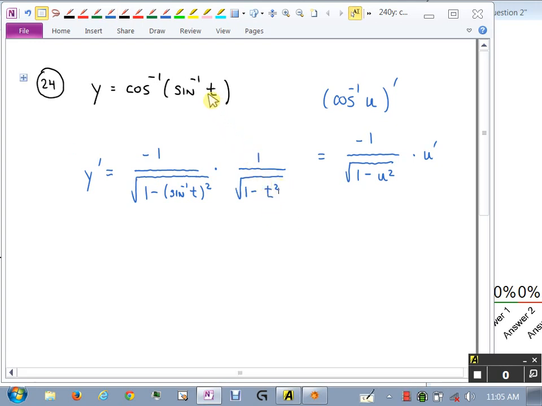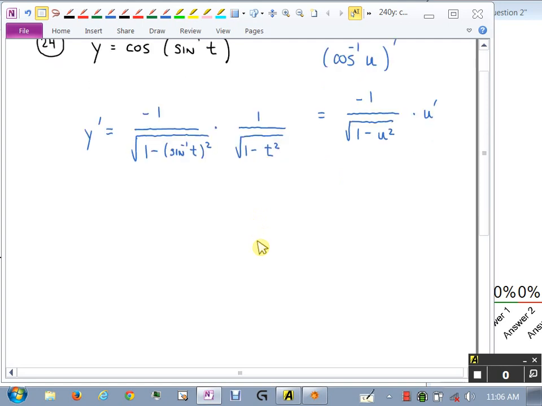And then you could say times the derivative of what's inside this arc sine, which is the derivative of t, which is going to be 1 because we're assuming that t is the independent variable. So we're done here. I mean, you could try cleaning this up. The only thing you could really do is maybe squeeze this together with this underneath one big root, but we'll just leave it like that. Okay, is that all right?